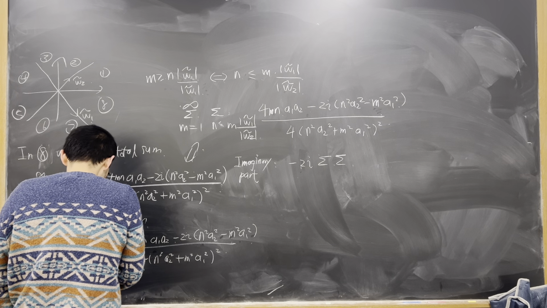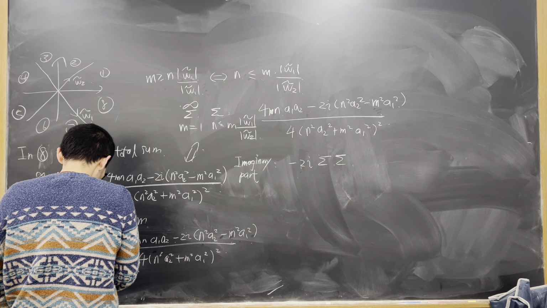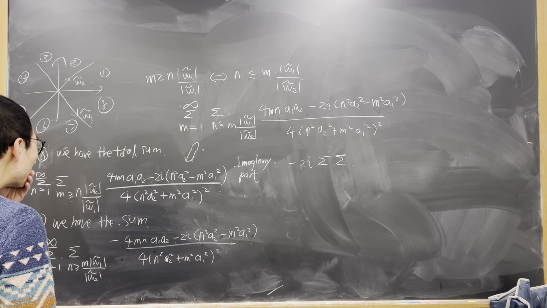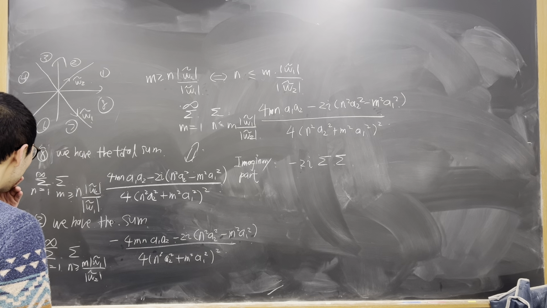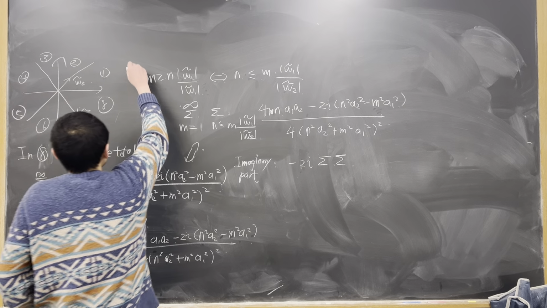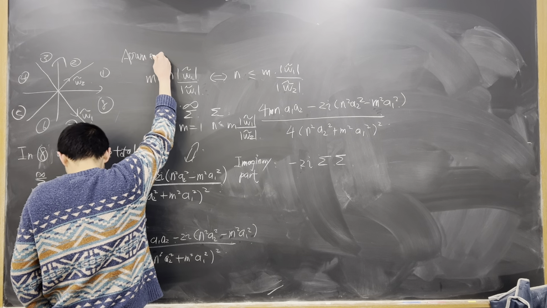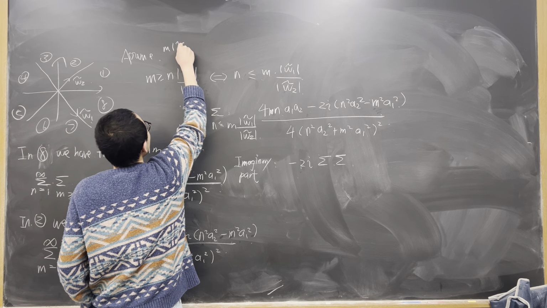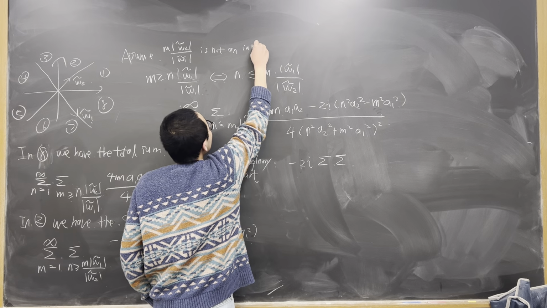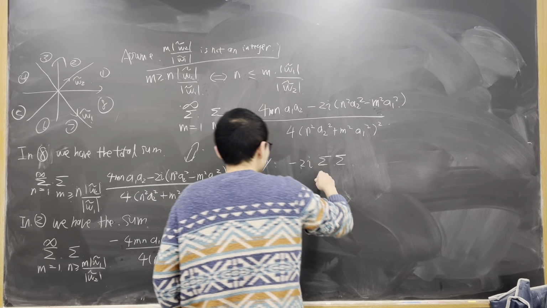Let's assume that m times modulus of omega 2 over modulus of omega 1 is not an integer, so that we can easily handle the sums here.